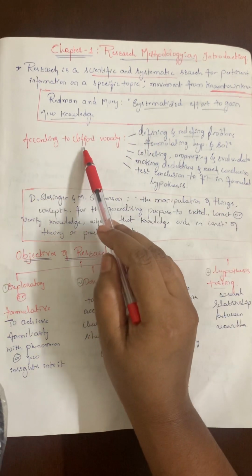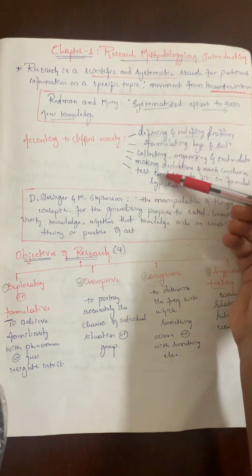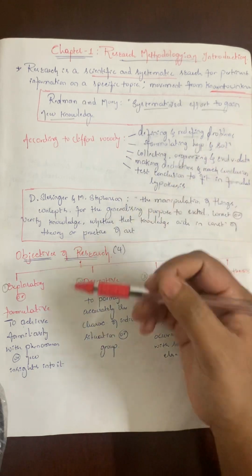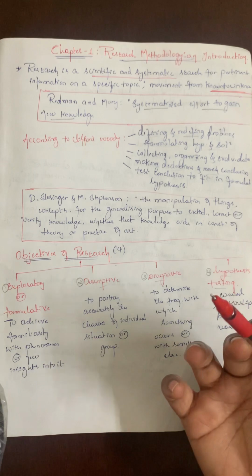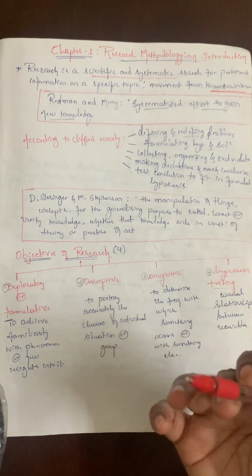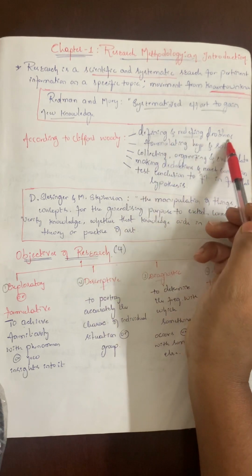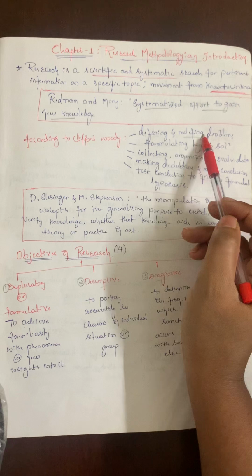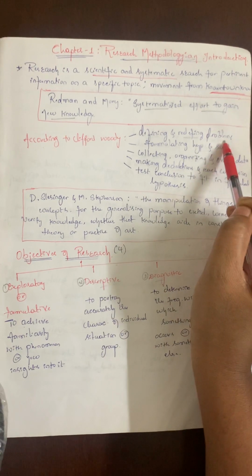And according to Clifford Woody, research is defined in steps. What is the first step? To do research, the first step is to put a question, right? The question is nothing but a research problem. So defining and redefining the problem will be your first step. Why do we have to redefine the problem after defining?